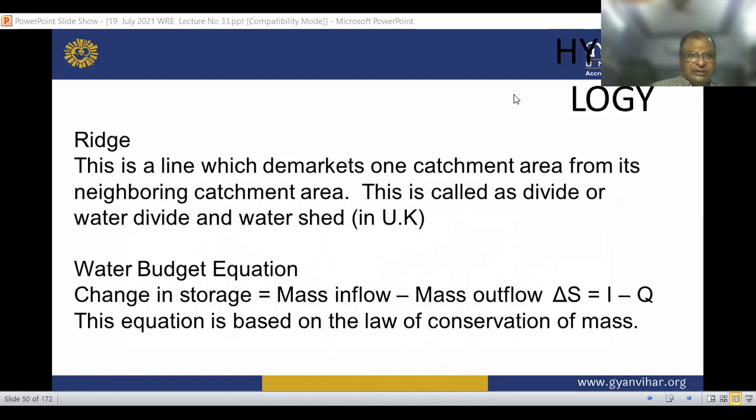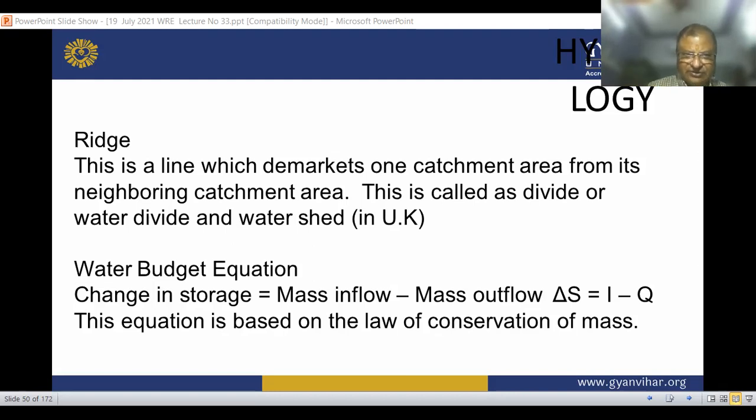Now, ridge. This is the line which demarcates one catchment area from its neighboring catchment area. It is called a divide, and watershed in the UK.